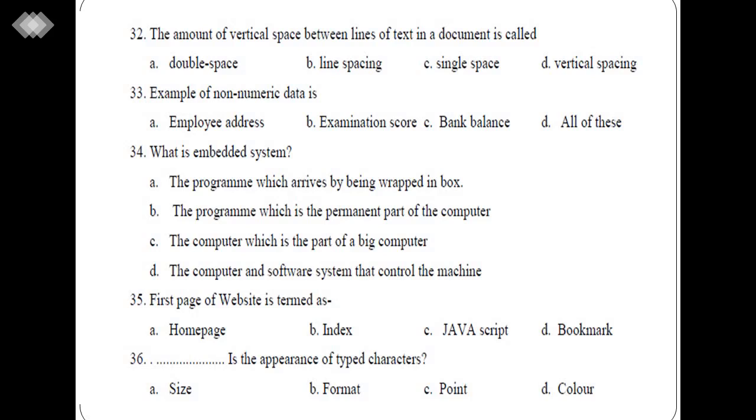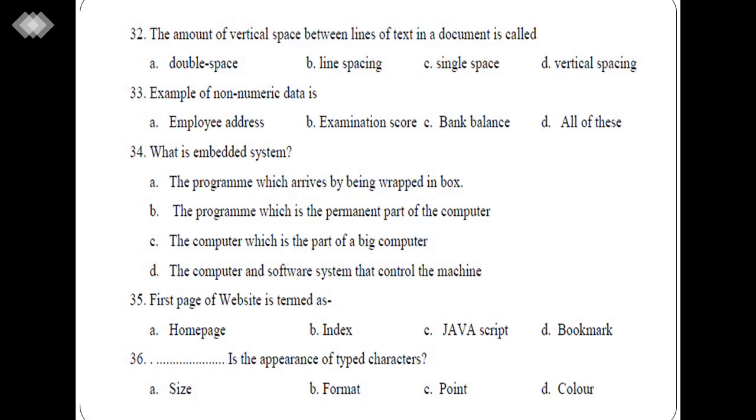Now question number 34: what is an embedded system? The options are: the program which arrives by being wrapped in a box; the program which is the parameter part of the computer; the computer which is a part of a big computer; and a computer and software system that controls the machine.